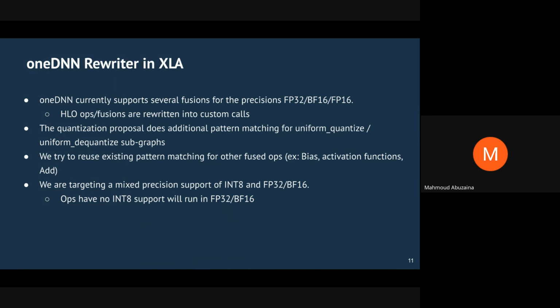Also, note here that we are targeting mixed precision support of int8. That means we don't expect everything to be running in int8. Rather, we have some cases where we don't have support for int8. In these cases, we will fall back to the FP32 and FP16 precisions.